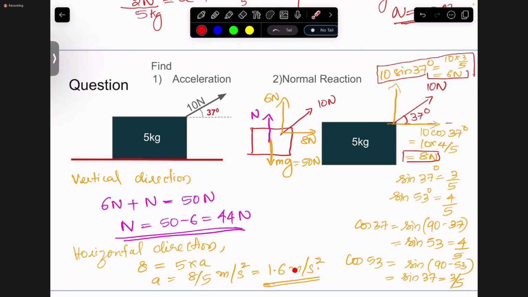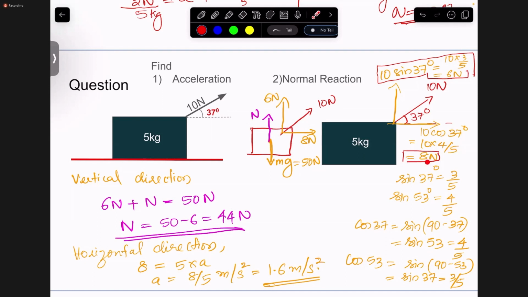Imagine this angle to be 53 degree, or 45 degree for instance. Then the force here will be proportionally like 10 times 1 by root 2, right? So cos 45 will come, that is 1 by root 2.